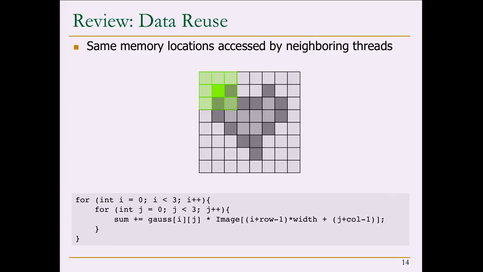The example we saw the other day is this Gaussian filtering on an image. Remember that in this Gaussian filtering, what we do is a convolution for each particular pixel. We do the convolution of the pixels in the surrounding window with some particular Gaussian kernel, like this green square that you see in the image.